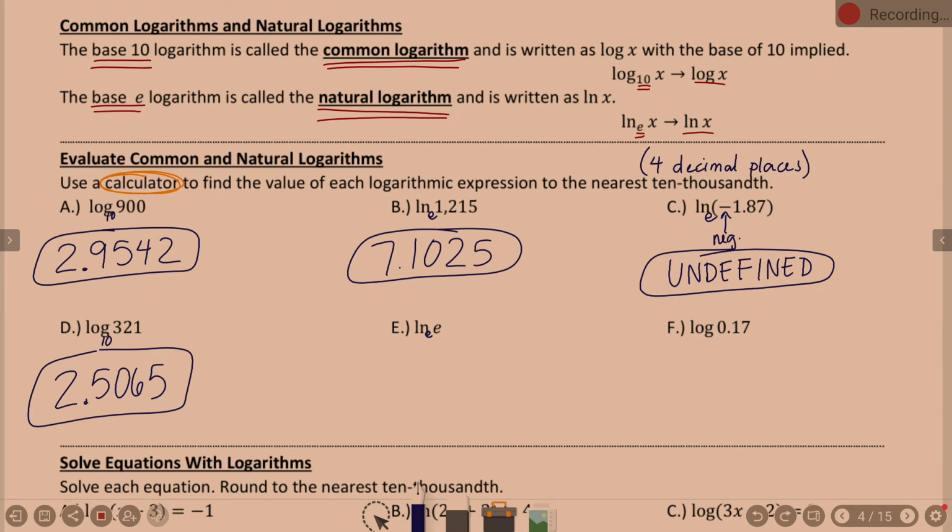If you have to put a power, it's just a power of 1. So natural log of E to the first is what? 1. That makes sense. And if we set this up as an equation, E to the x equals E, you'd have a first there. And log base 10 of 1/700ths, negative point what? 7696.